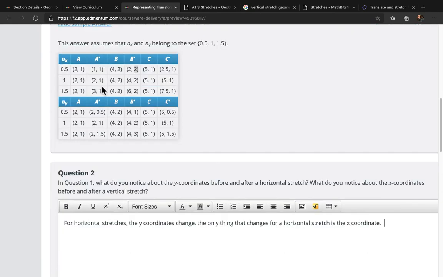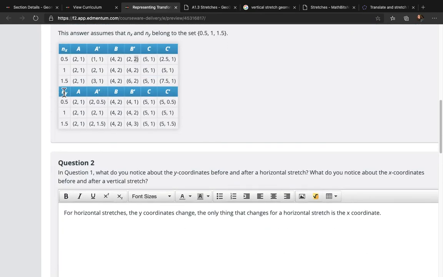If you look at a vertical stretch, n sub y was our vertical stretch. It says, what do you notice about the x coordinates? We're going to note that all of my x coordinates stay the same. If I look at the pre-image A, I have an x coordinate at 2. If I look at A prime, my x coordinate is still at 2. The pre-image for B is 4. The image for B, or B prime, is also 4. Looking at C, it's the same thing.